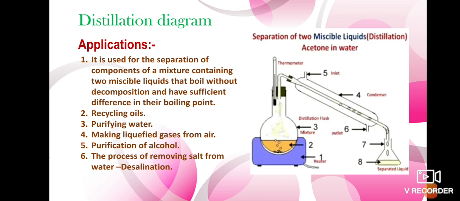So what are the applications? It is used for the separation of components of a mixture containing two miscible liquids that boil without decomposition and have sufficient difference in their boiling points. Already this is the definition for distillation. So here for two miscible liquids we use this type of distillation method.